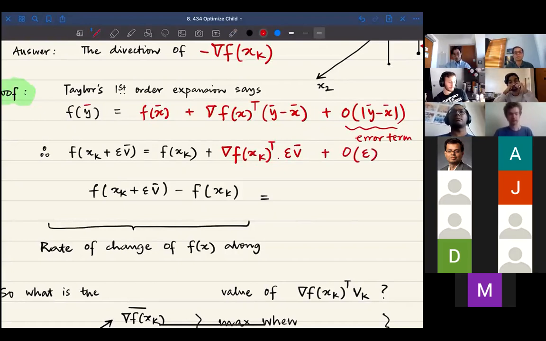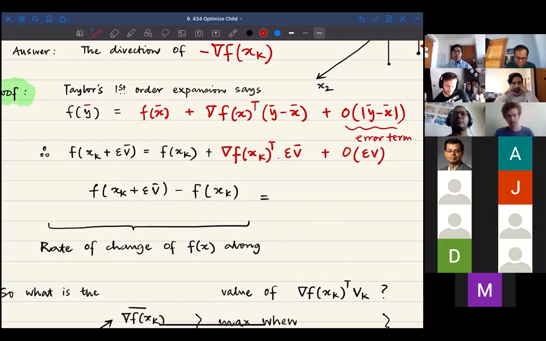Agreed? Because y minus x is epsilon v, but it's order epsilon. Or you can even write it as epsilon v, that's fine.